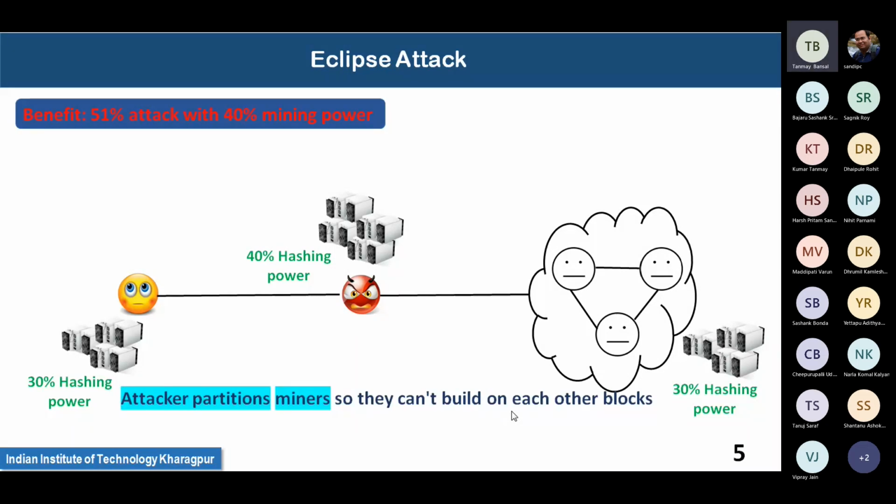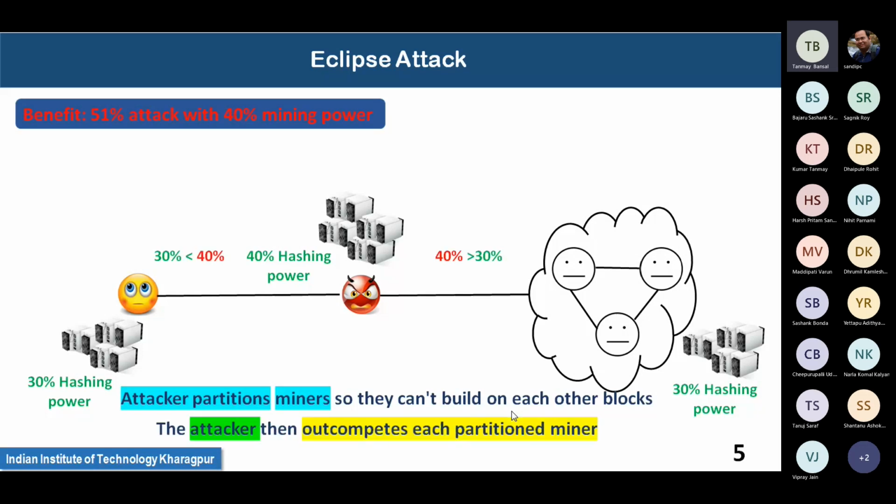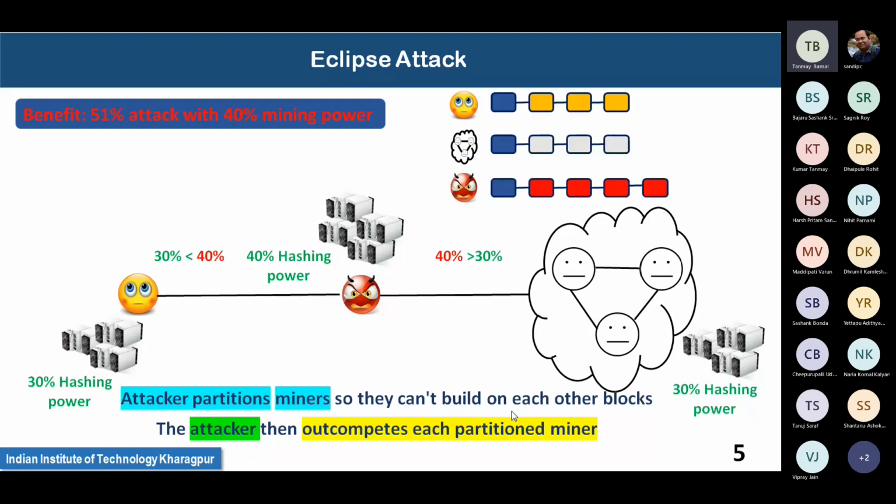So that is what it means: the attacker outcompetes each partition's miners. If this victim node was mining some blocks and the rest of the network was mining some blocks, the attacker will be able to mine blocks faster than these networks, and hence its chain will become the longest.